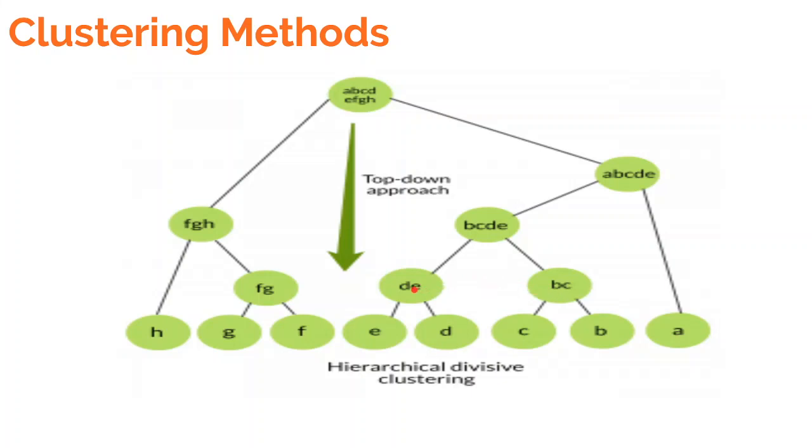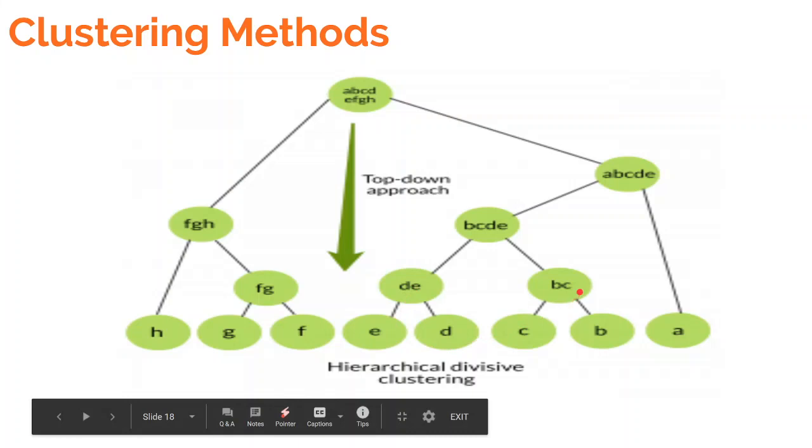And finally, DE is divided into two clusters E and D, and BC is divided into two clusters C and B. And at last, we will get single clusters of similar objects. As I mentioned earlier, this is a rigid approach. Since we have obtained all these clusters from the divisive method, later on these will not be merged again.